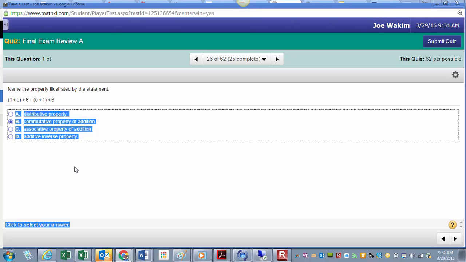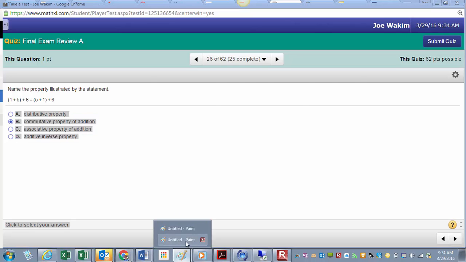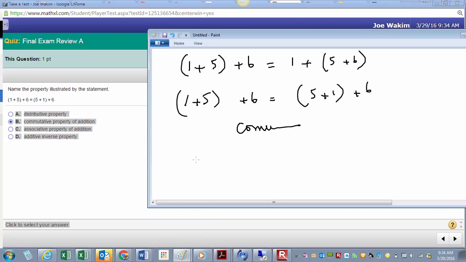Distributive property would be something like this. 6 times 1 plus 5 equals, you multiply, 6 plus 30, right? This is distributive property. Additive inverse property. 6 plus 0 equals 0 plus 6. Or 6 plus 0 equals 6, right?